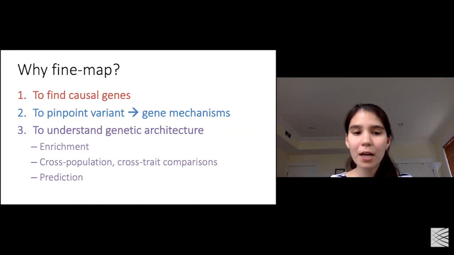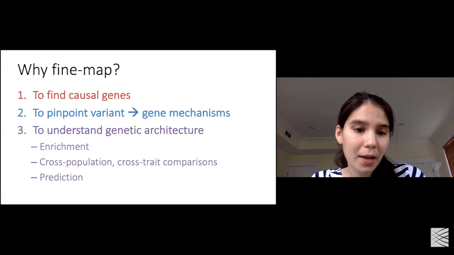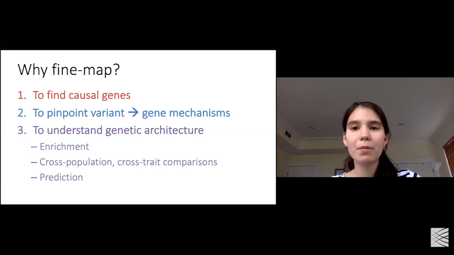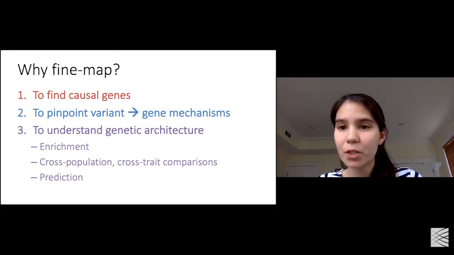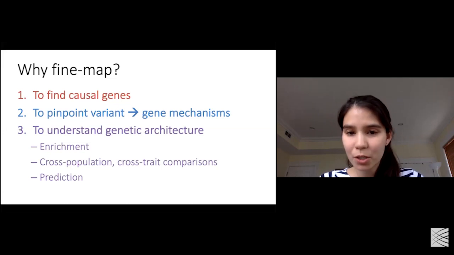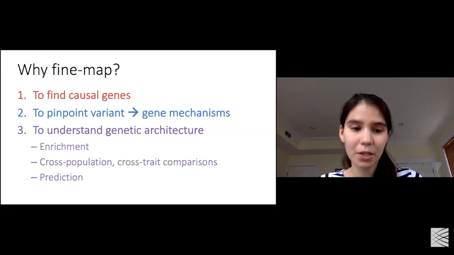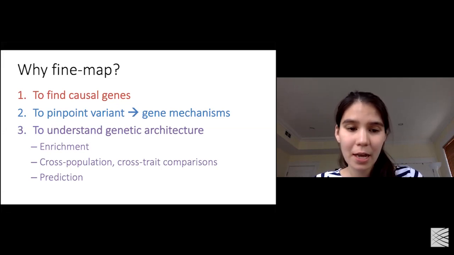And then there's another set of reasons having to do with genetic architecture. For example, by looking at many fine mapping results across many loci, or by building models based on fine mapping models, we might be able to do enrichment analyses: which types of variants tend to be associated or causal for disease.